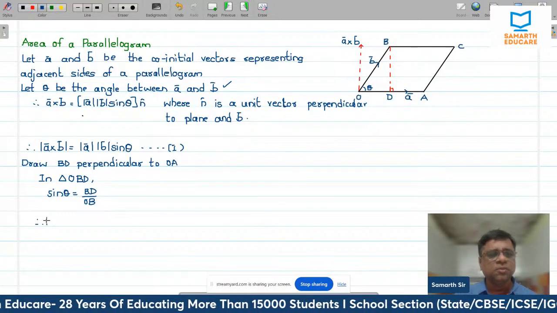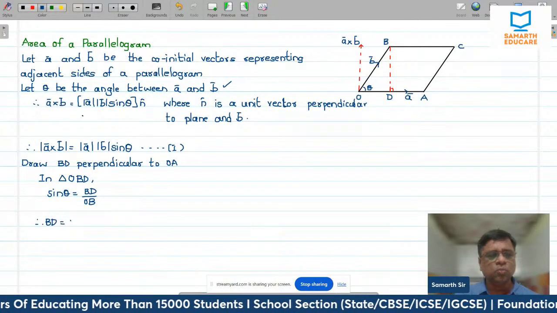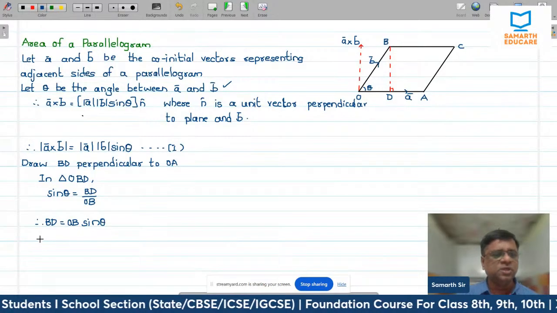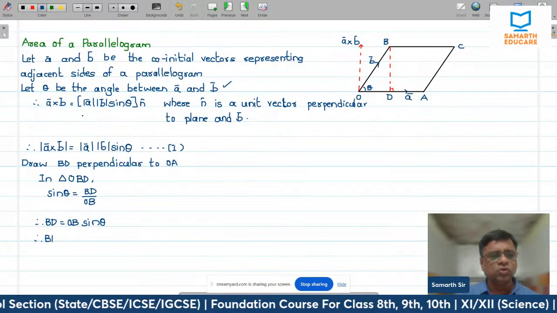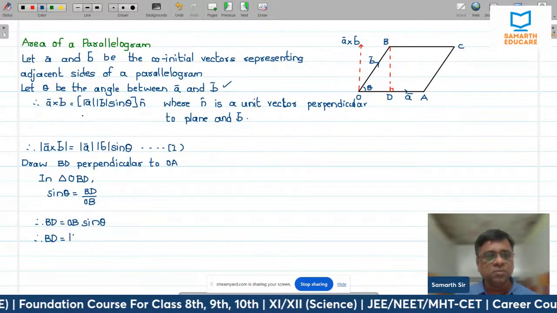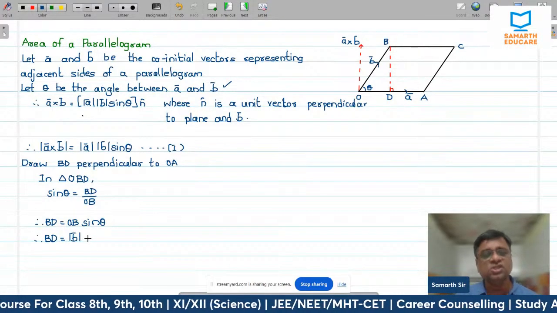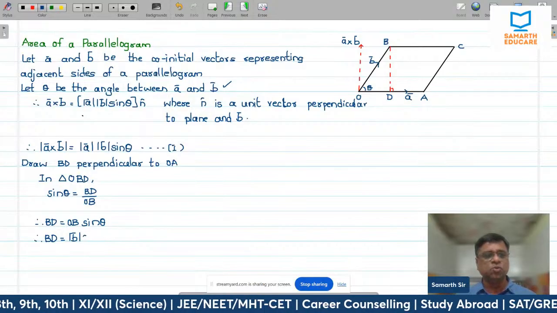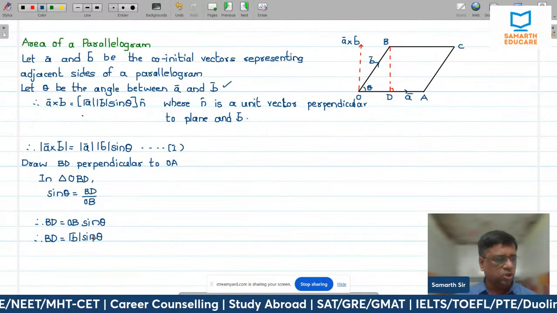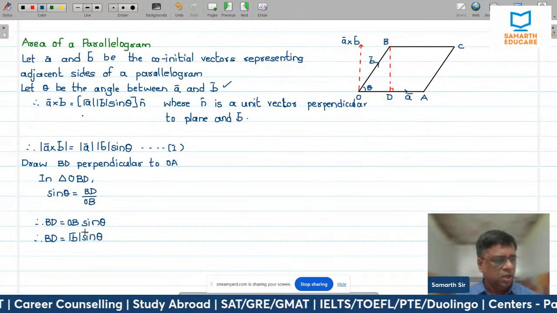Which means BD is OB sine theta. What is OB? Length OB is the magnitude of B bar, which is denoted by mod B bar. So BD is mod B bar sine theta. I think up to here it is clear to you. Right, now this is equation two.